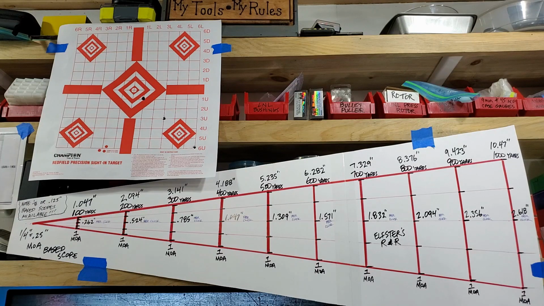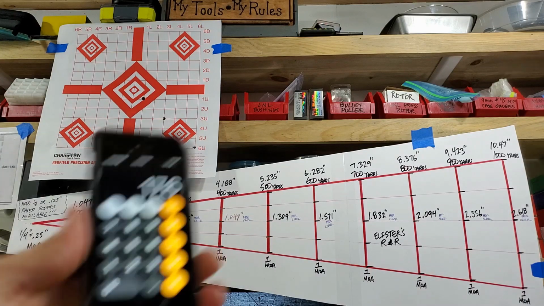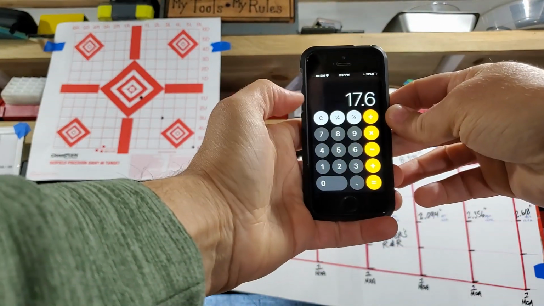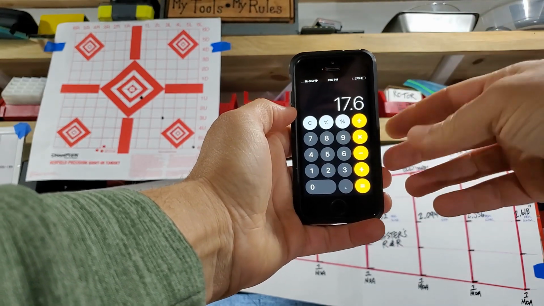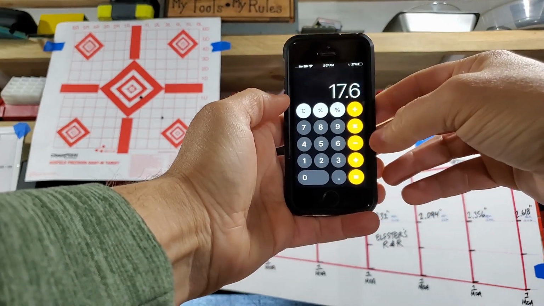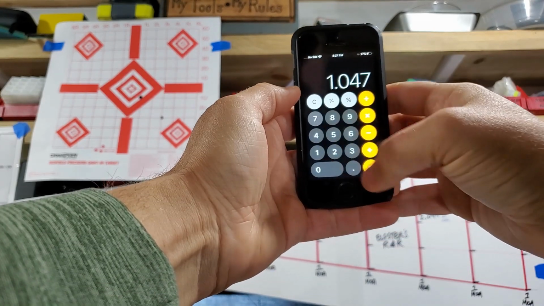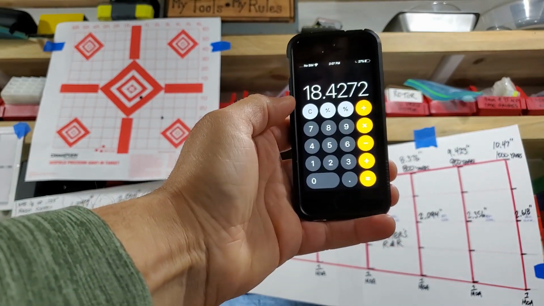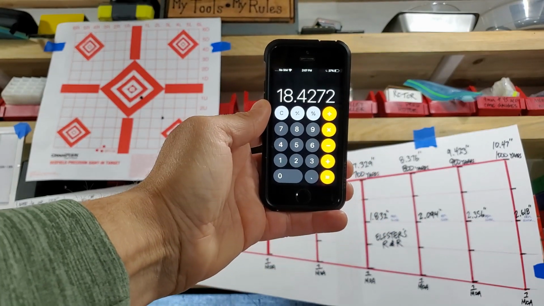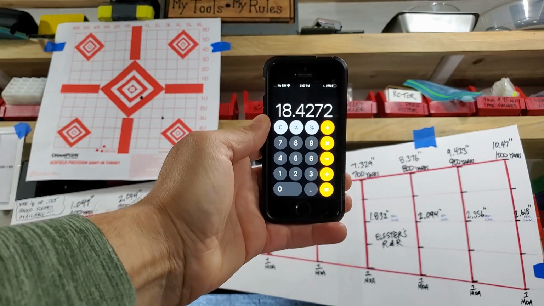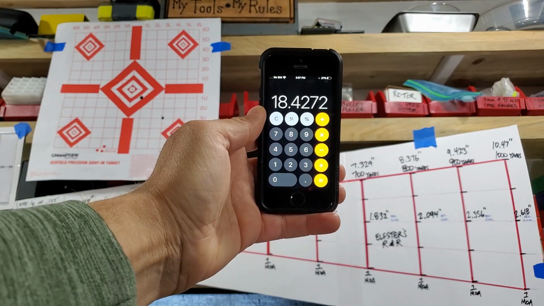Well, we know that at 100 yards, 1 minute of angle represents 1.047 inches. At 1 mile, or 17.6 football fields away, I'm going to multiply that by 1.047 inches, and 1 minute of angle adjustment, or 4 clicks, is going to be over 18 inches.